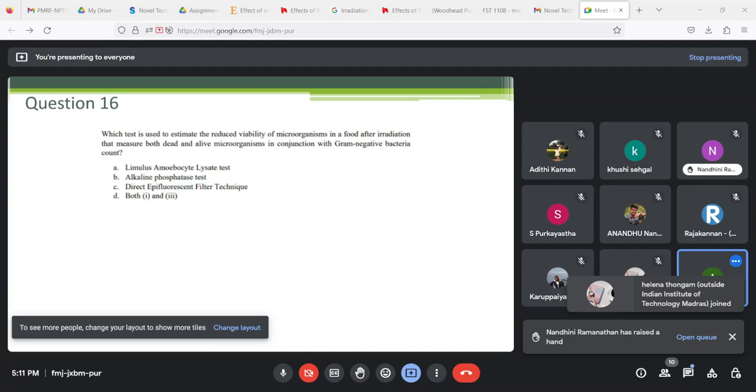Okay, so what is the characteristic feature of a gram-negative bacteria? Are you aware of that when compared to a gram-positive bacteria? But any clue how the tests are used?